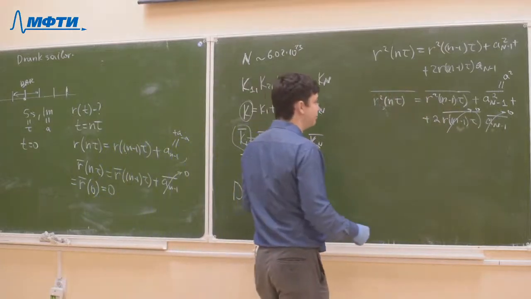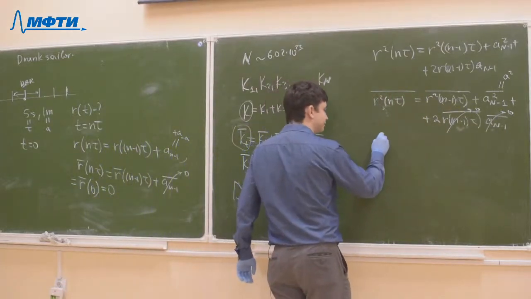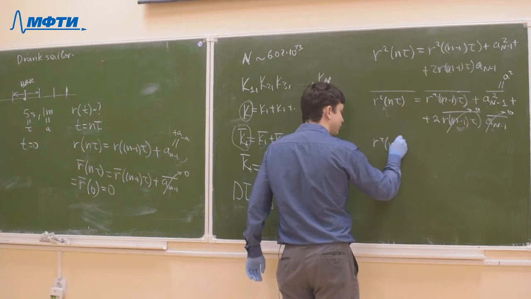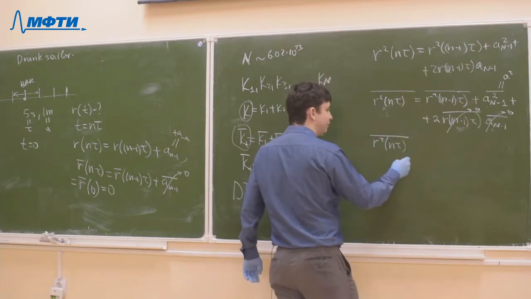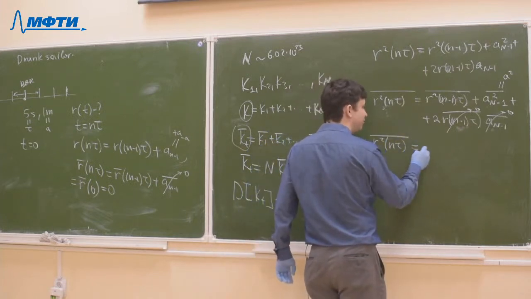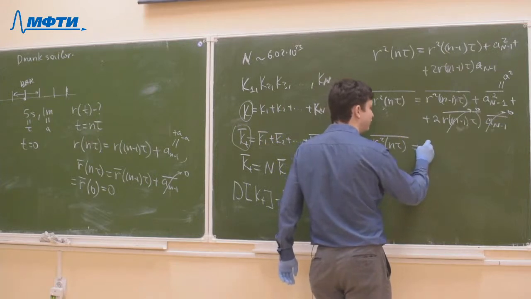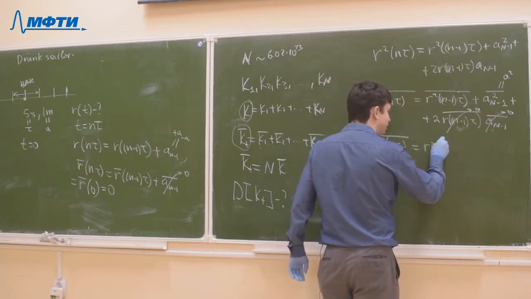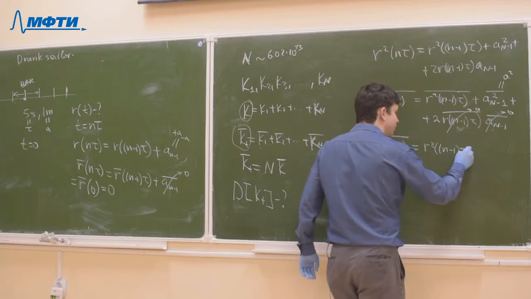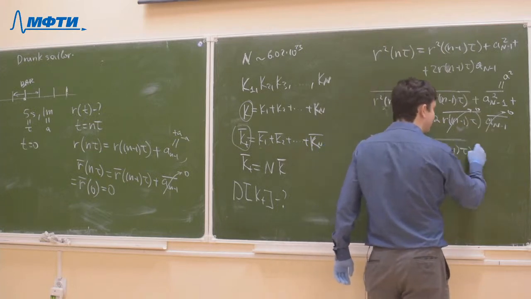So that means that with each next step, the average square of distance from the initial point increments by a constant value.